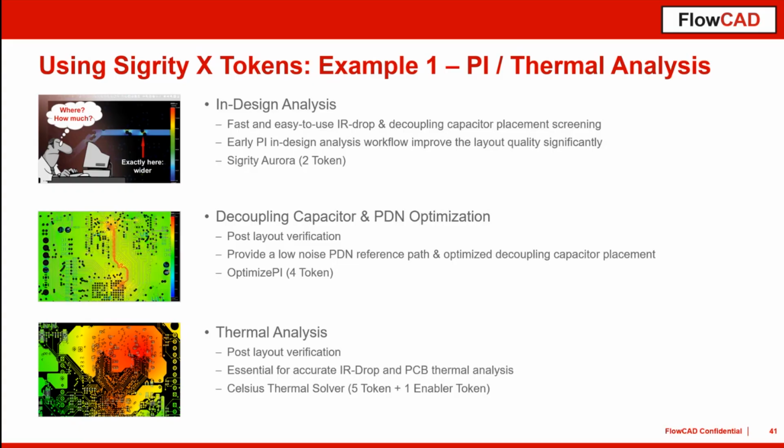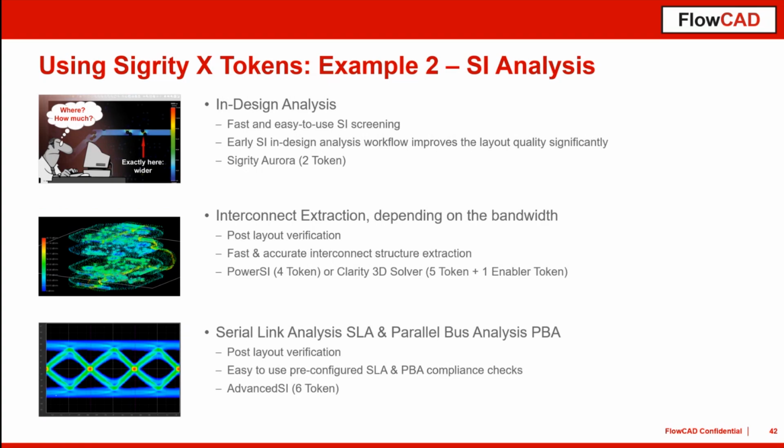Once you say, okay, Aurora is not the tool that we need for the starting point, it's very useful, but we want to dive into more details, then you can use this token model to either dive into more power integrity analysis or thermal analysis, or into more signal integrity analysis, also including more interconnect extractions, depending on your frequency range. If you are working with PCI Express Gen 3, then it's maybe okay to use PowerSI with 4 tokens.